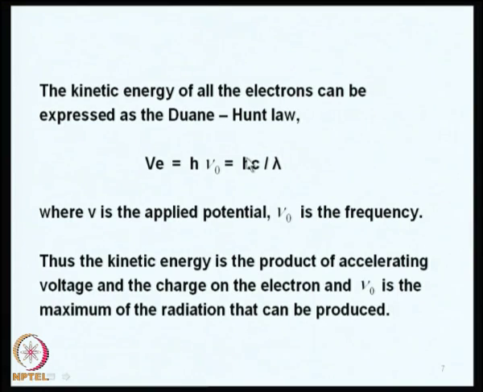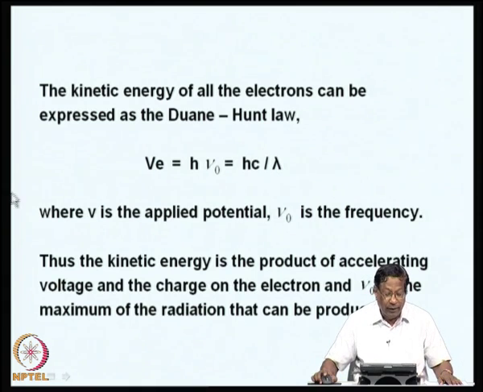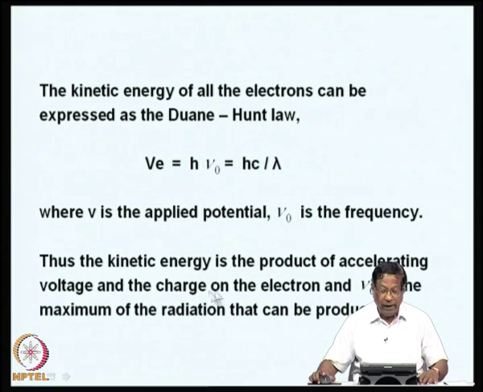The same h nu 0 is used to calculate the wavelength. h nu 0 is nothing but h c by lambda, where h is Planck's constant, c is the velocity of light and lambda is the wavelength.